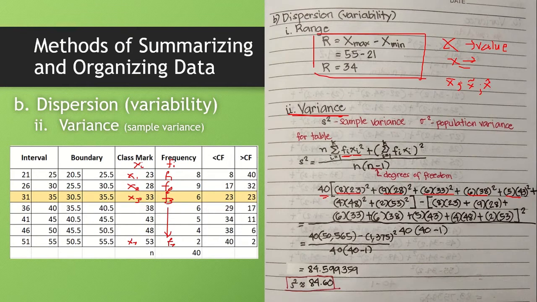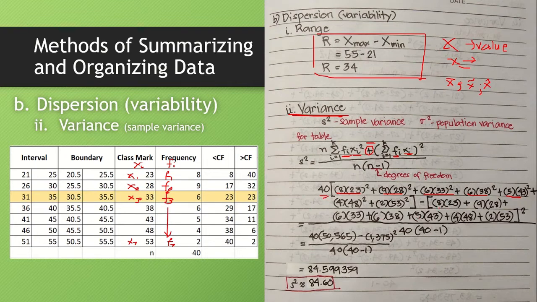After, we will subtract it. Sorry for that, this is actually minus. Then we will subtract the square of the sum of the products of the frequency and the class marks, which means we have to sum up all of the products of the frequency and the class mark, then raise the sum to power 2.